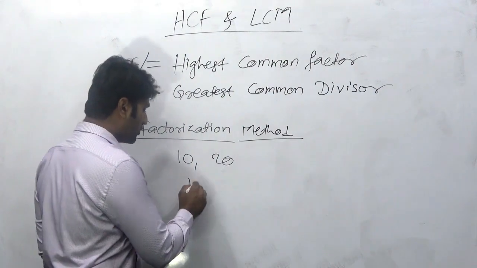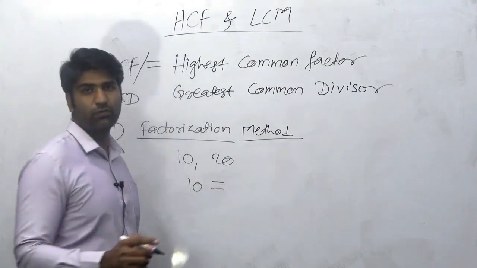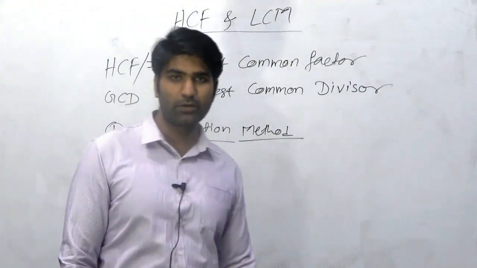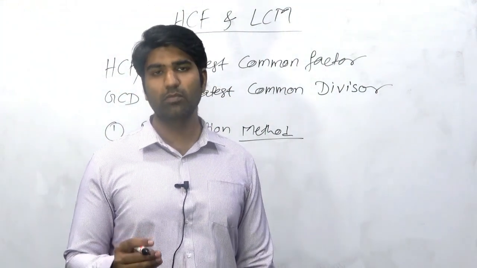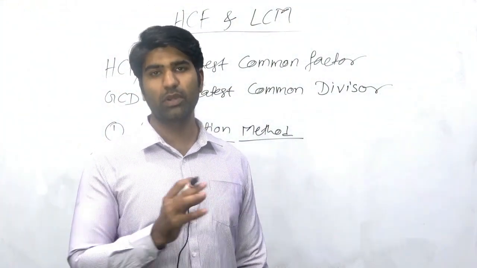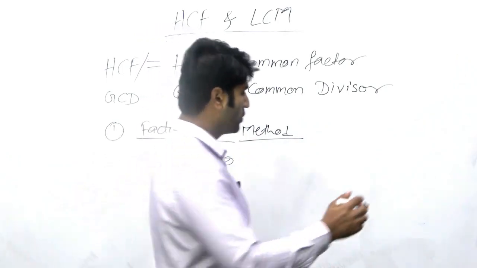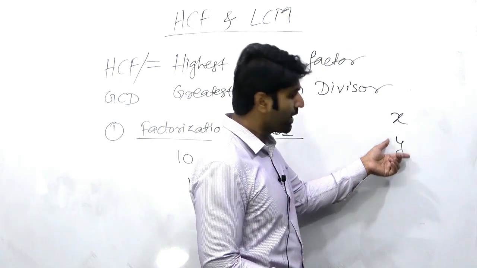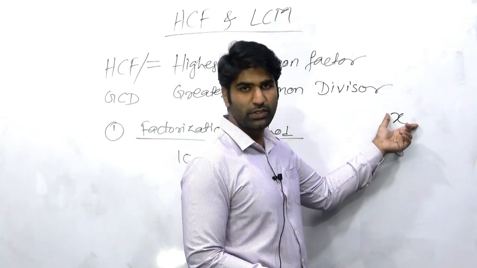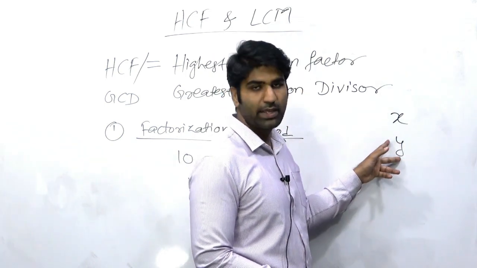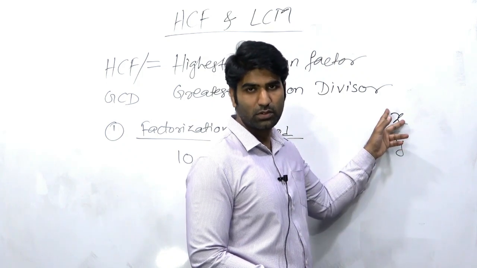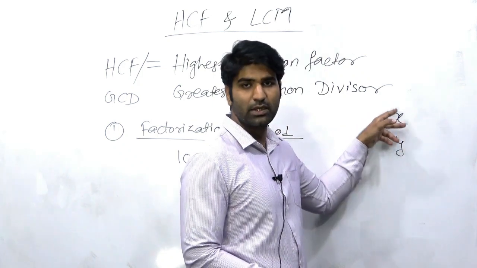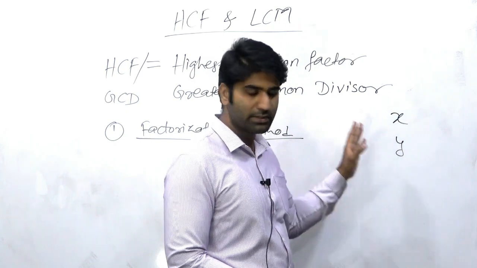First we have to find the factors of 10. What is meant by a factor? A factor is a number which can divide the given number. Suppose x and y are given and y can divide x, then we call y a factor of x.